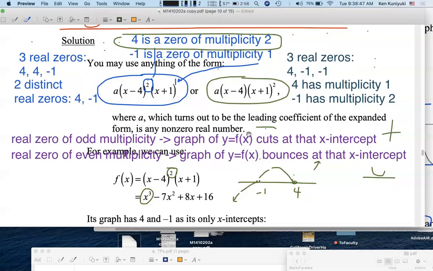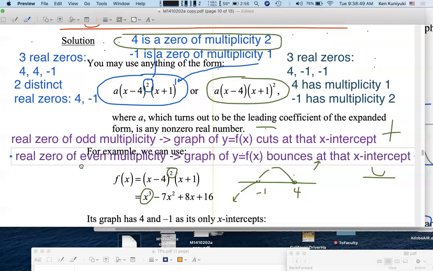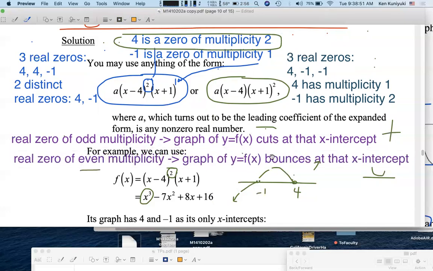Now, because the multiplicity is even, the graph is going to bounce off the x-axis. All right, so the graph bounces.